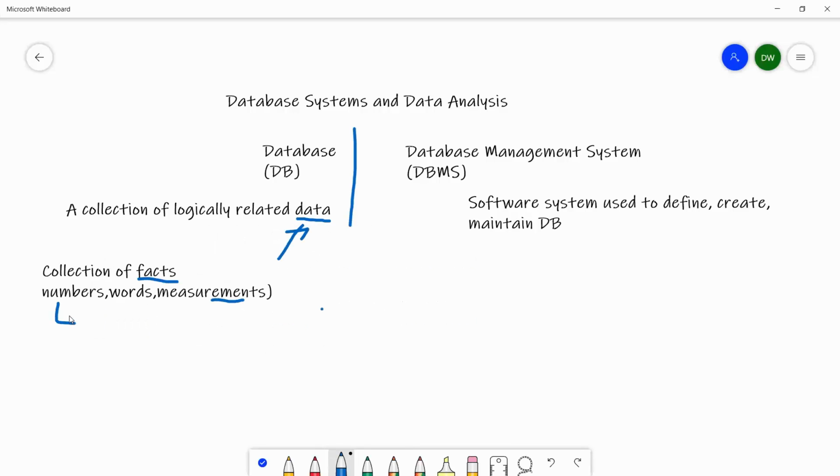In here, we have this kind of data. Sometimes the data we have may be qualitative data, and sometimes we have quantitative data.